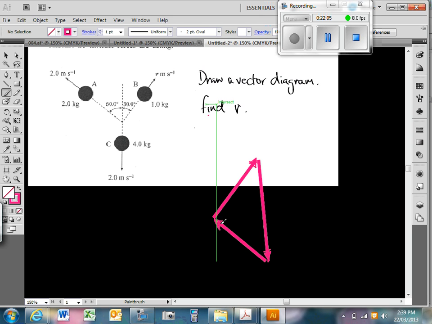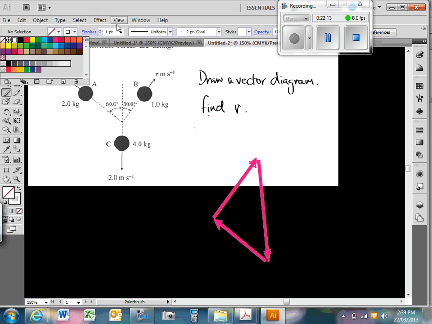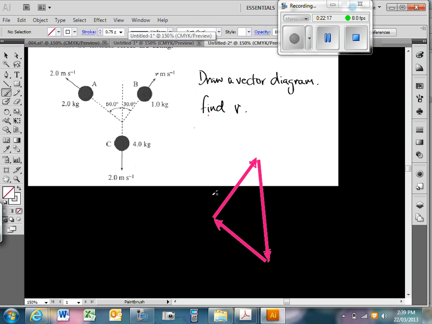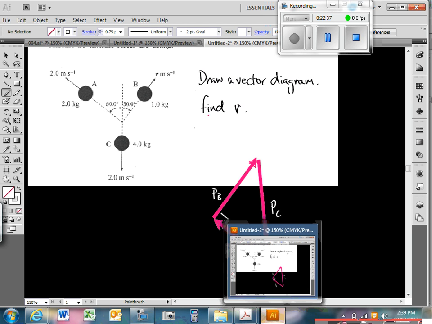This diagram is not to scale. Make sure you label it. This is, of course, momentum of B. This is momentum of C and momentum of A. And B and A earlier were at right angles. That's right, they're still at right angles. We have a right angle triangle.